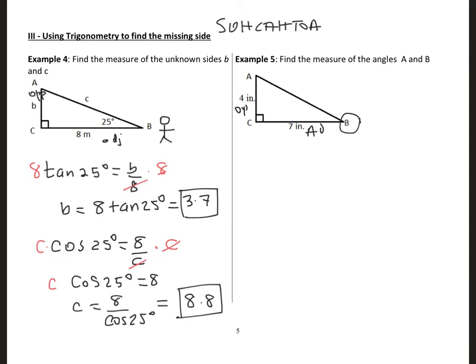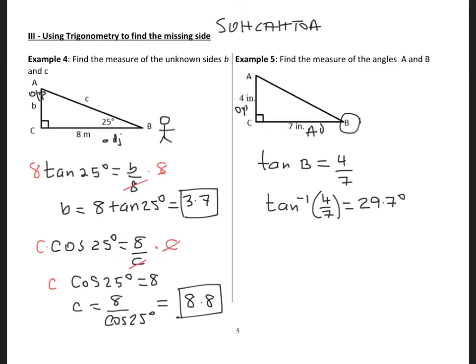So I'm going to use tan. Tan of B is equal to 4 over 7. Then to find the angle, we use the inverse tan. So tan inverse of 4 over 7, I put that in the calculator, and it gives me 29.7 degrees.